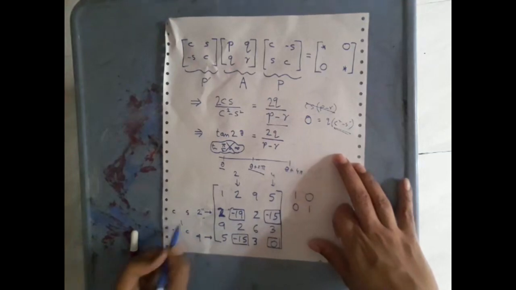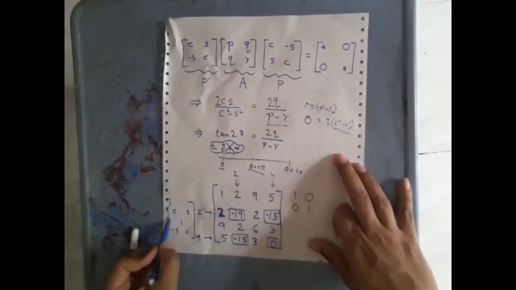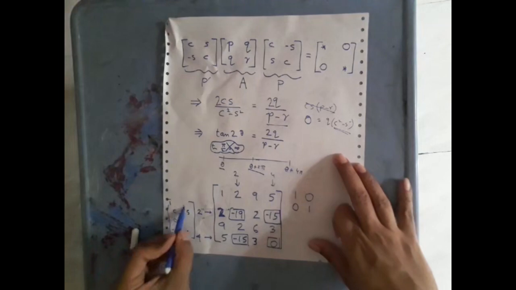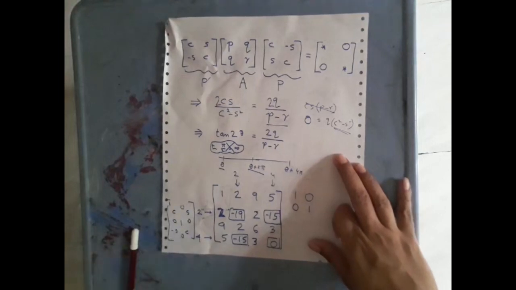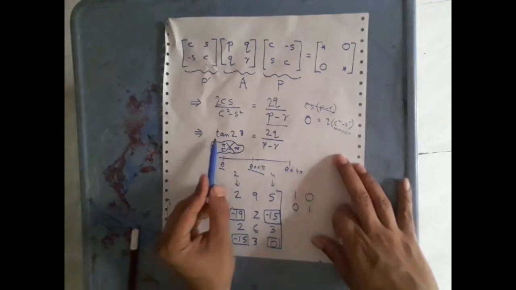So you write a 1 here and a 1 here, just the identity matrix, and fill everything else with zeros. So all these things are zeros. So you basically start with the identity matrix, and then in these 4 places you write C, S, minus S, C, where C is cos theta and S is sin theta.